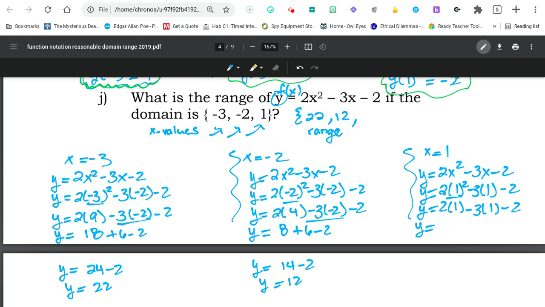Then I can multiply. 2 times 1 is 2. Negative 3 times 1 is negative 3, or minus 3 minus 2. I could just say these are additive inverses, or they cancel each other out. I get negative 3. That's the route I'm going. Or you could have added and subtracted from left to right, okay? All right, so that is your range.